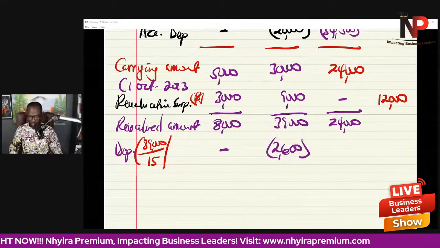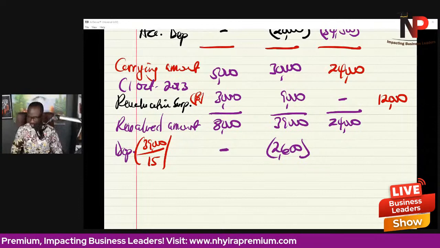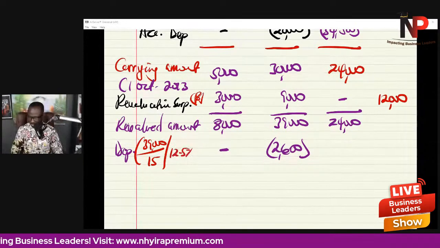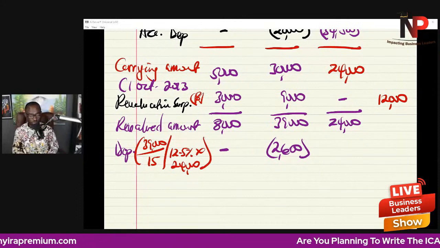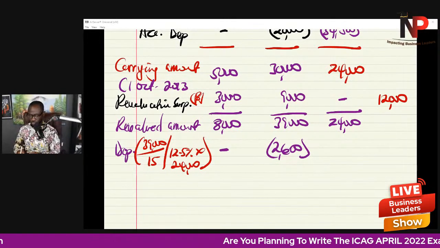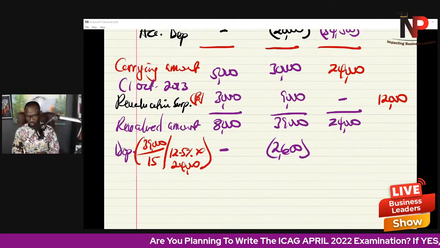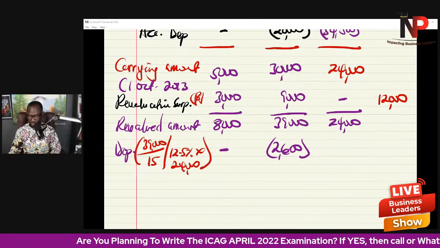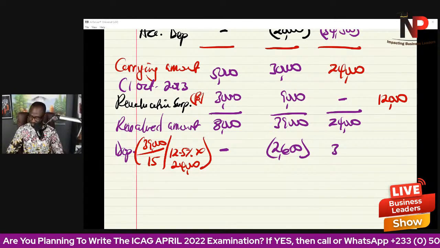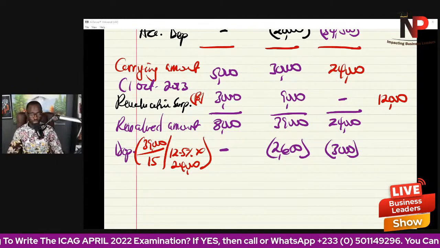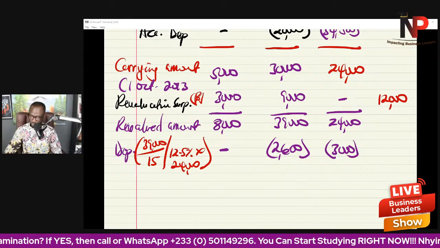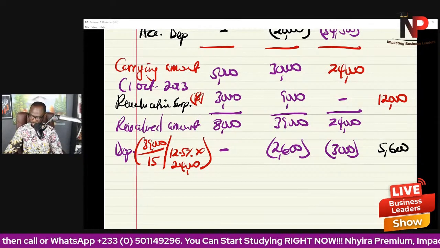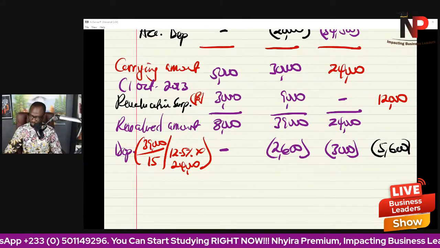Then the plant and equipment is 12.5% of 24,000. So 0.125 times 24,000, I'm getting 3,000. So the total depreciation we are charging on property, plant, and equipment is going to be 5,600. Okay.